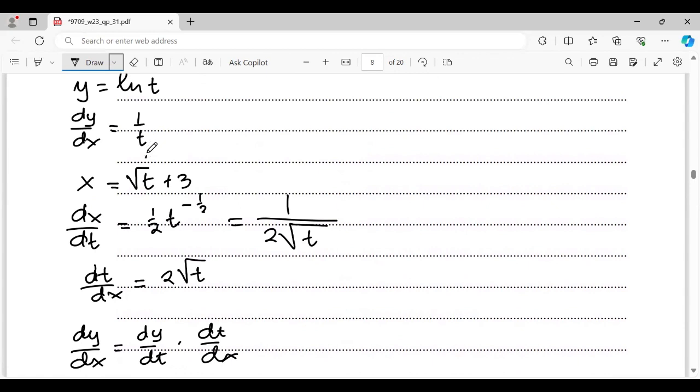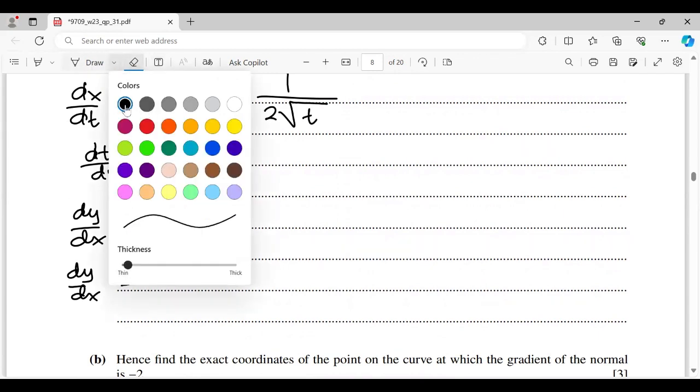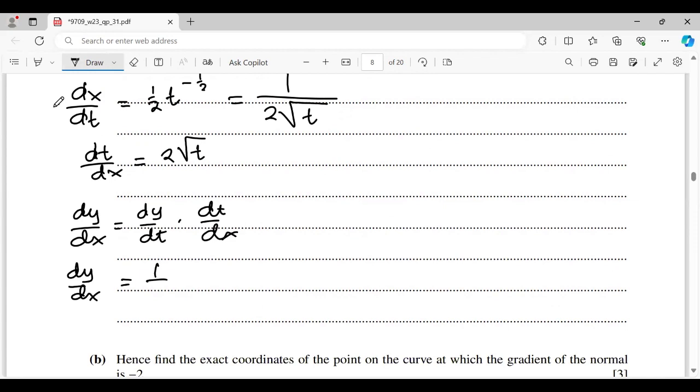Yeah, 1 over t times 2 square root t becomes 2 square root t over t.